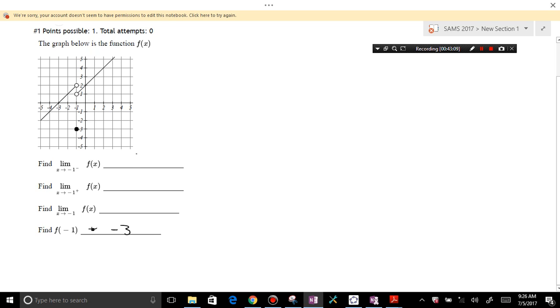Now there's some things I have not defined. So when we talk about the limit as x goes to A from the left of f of x, and the limit as x goes to A from the right of f of x.